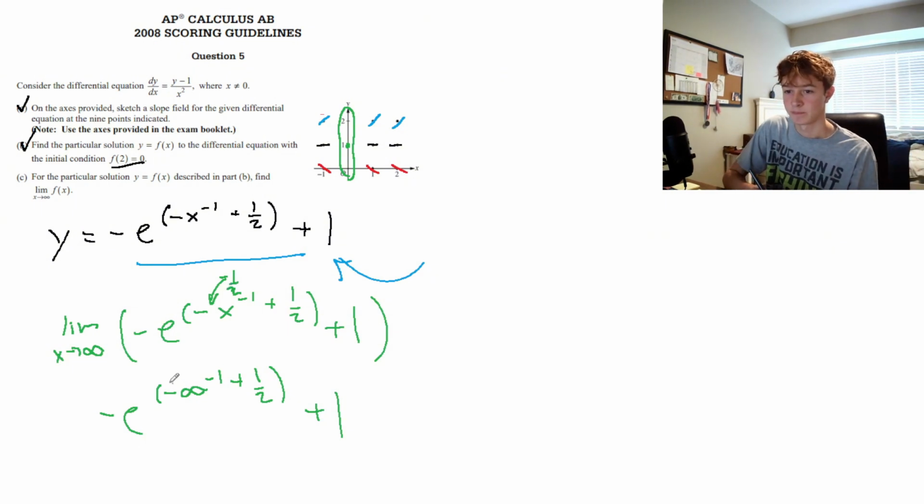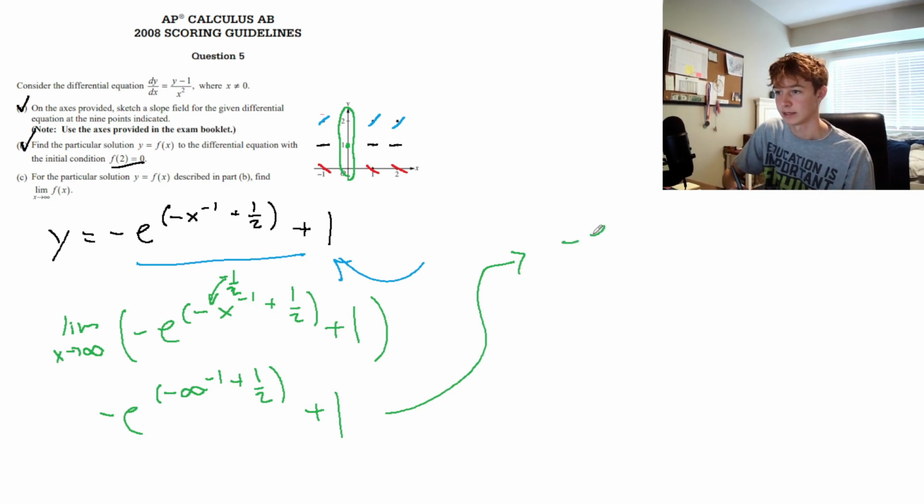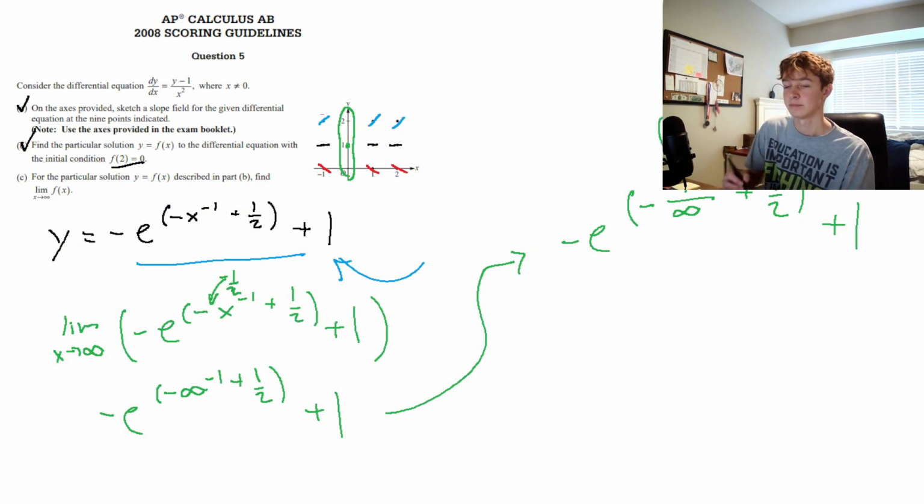So we can apply the same logic, move that up here, and go negative e to the power of negative 1 over infinity plus 1/2, plus 1. And now, as far as we're concerned, 1 over infinity is essentially equal to 0. Because if you take 1 and divide it by 2, now you have 0.5 or 1/2. If you take 1 and divide it by 10, now you have 0.1. So as that number under 1 increases, the value decreases. It's essentially just going to be 0.